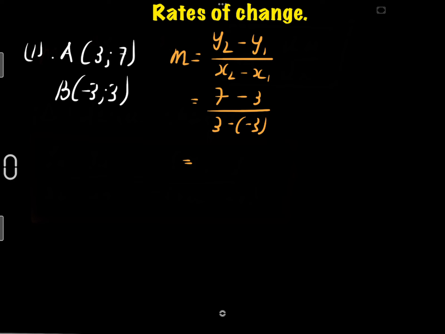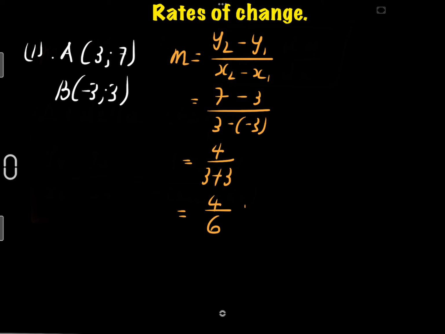So by calculation, 7 minus 3 gives us 4 over 3 minus -3, which gives us 3 plus 3. So moving forward, we have 4 over 6.